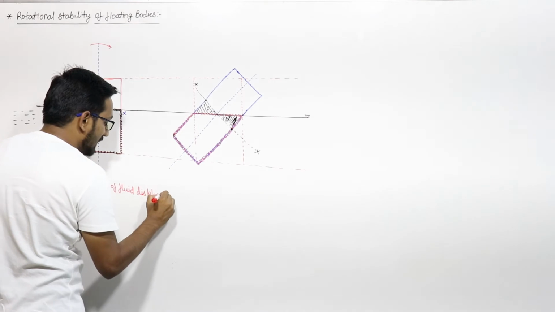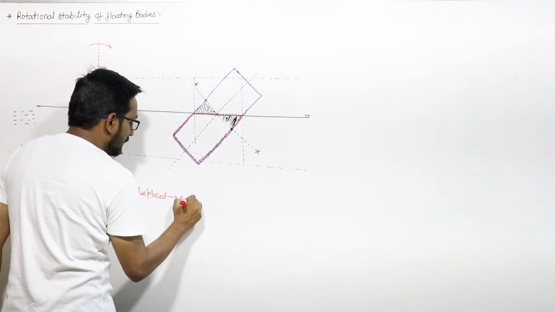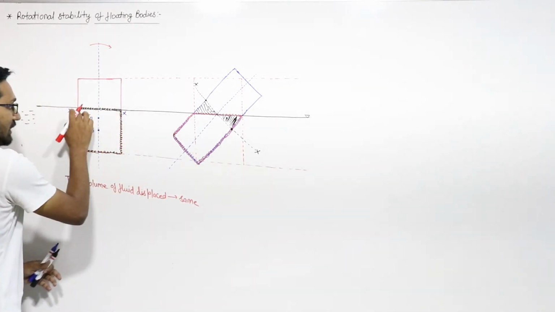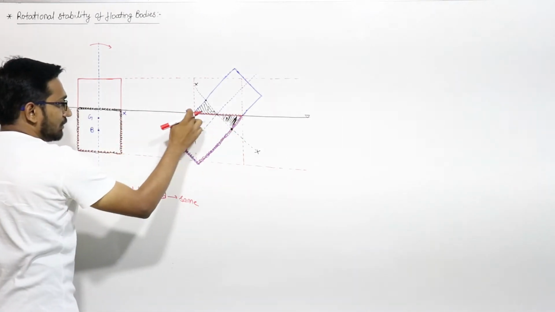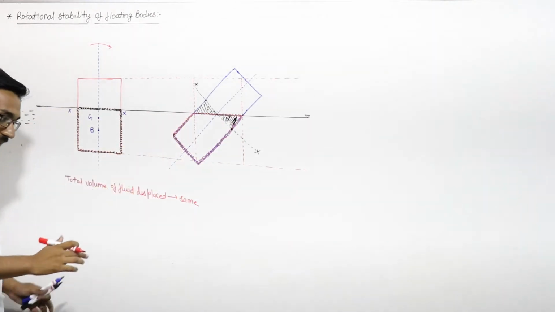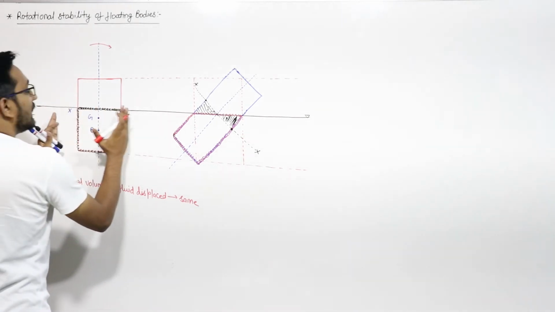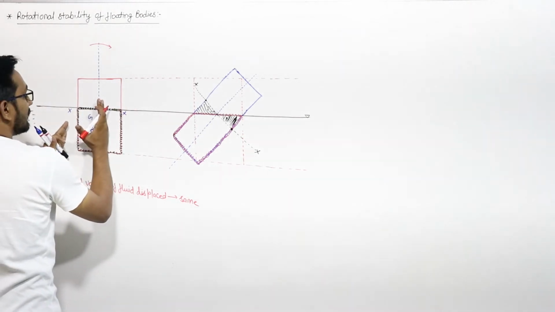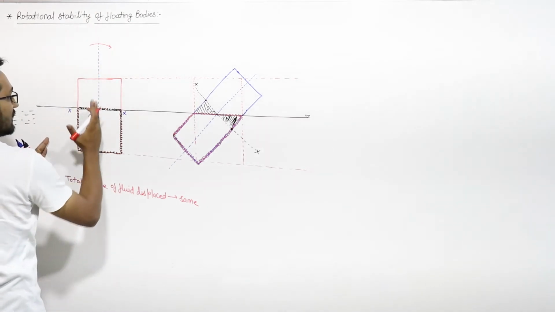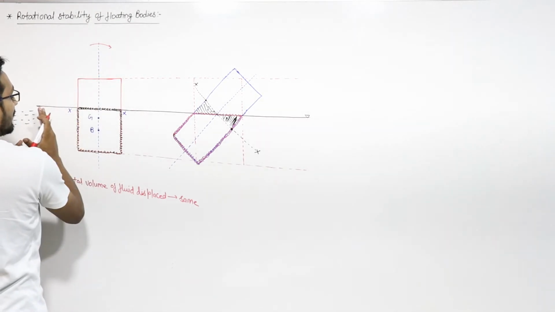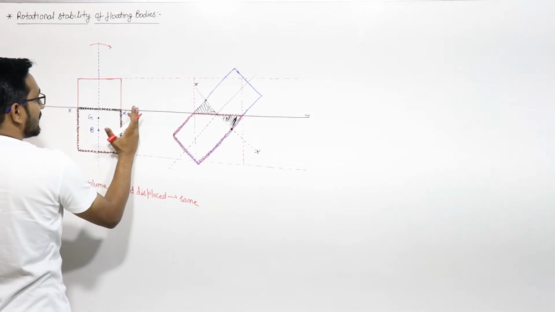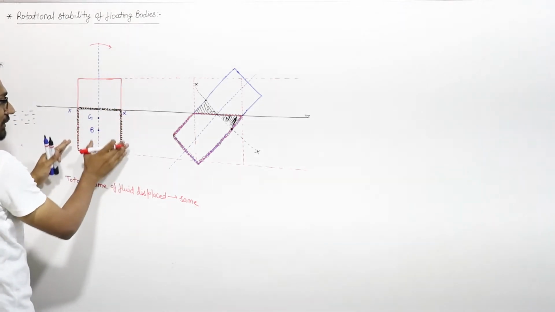In both these cases, the total volume of fluid displaced is the same. But what happens is, if you see from here, this is the axis, the mass distribution on the left side of this axis and on the right side of the axis is the same.